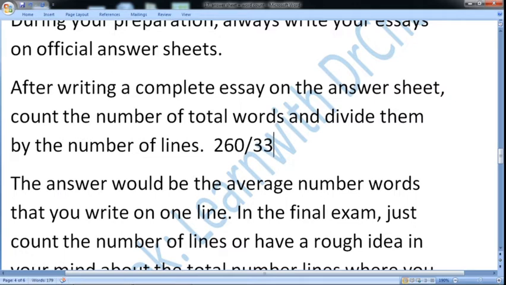So mostly when I write 33 lines I can write 260 words, and I usually write 8 words per line. So if I am in a hurry and have no time to count the words, I can count my lines and easily check whether I have completed 250 words or not.